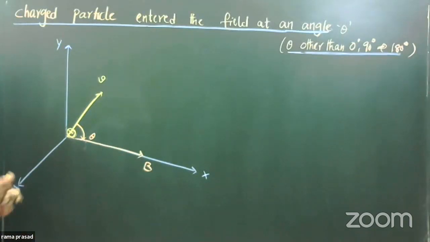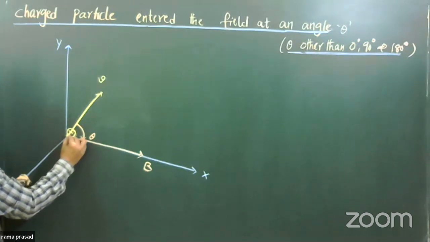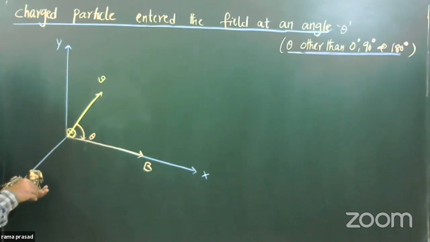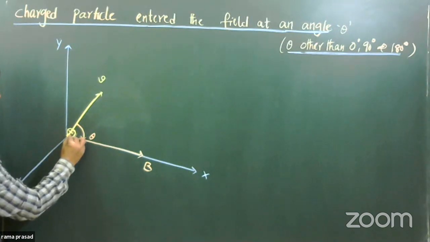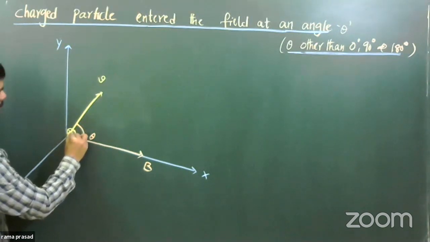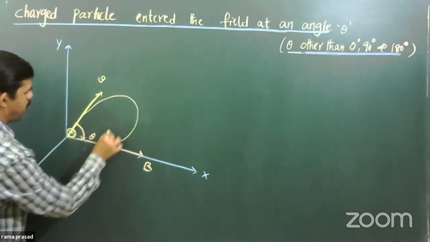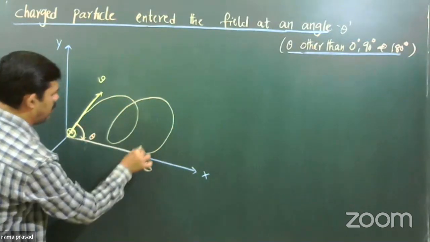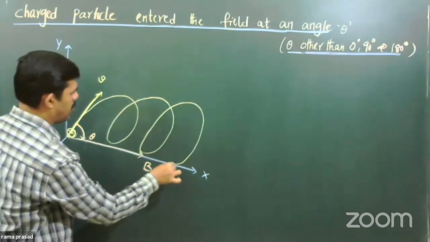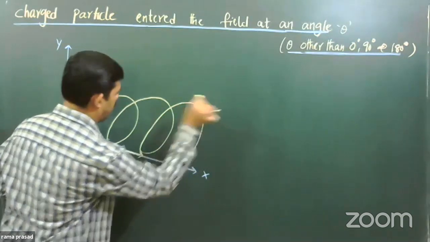Observe how it is moving. See, when it enters, it moves in a helical path. What is that path? See here, this is the path. It moves in this path.